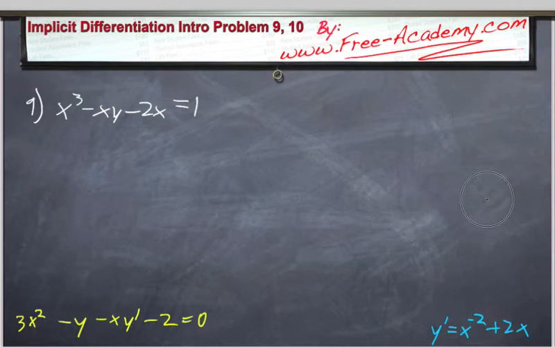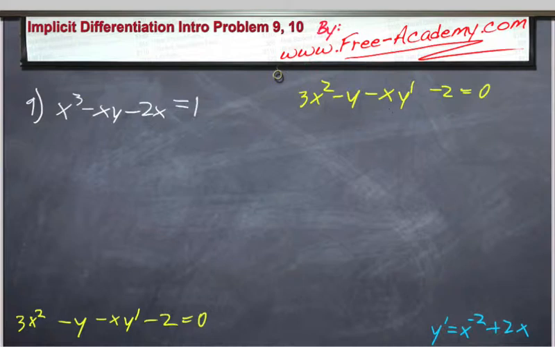Alright, so we have our derivative 3x squared minus y minus xy prime minus 2 equals 0. Let's solve for our y prime. y prime is going to be equal to negative 3x squared plus y plus 2 all divided by negative x.